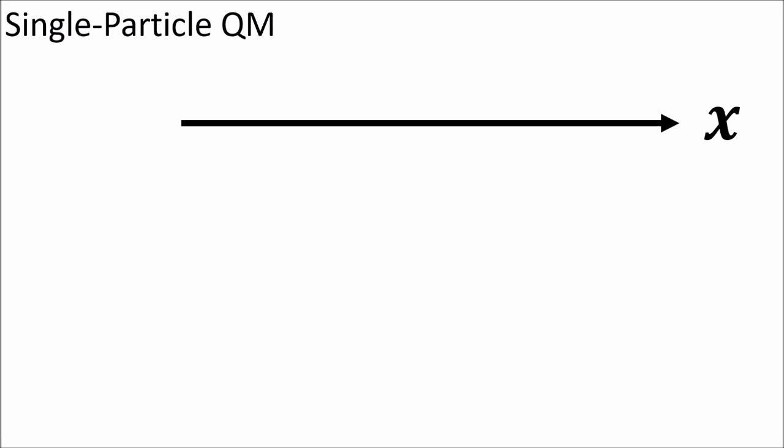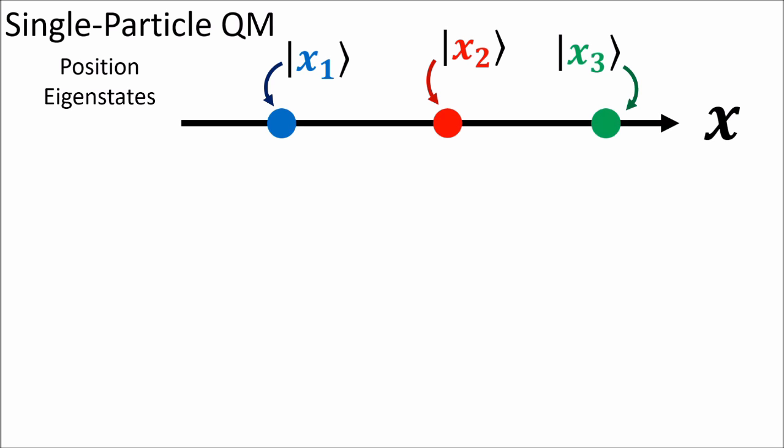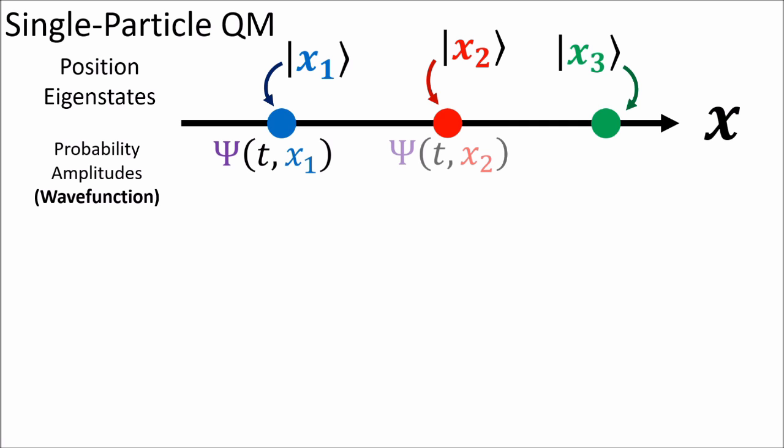Now, if you'll recall in single particle quantum mechanics, each possible position eigenstate x of a particle had a probability amplitude associated with it, which was the value of the wave function psi of t in x for that position.